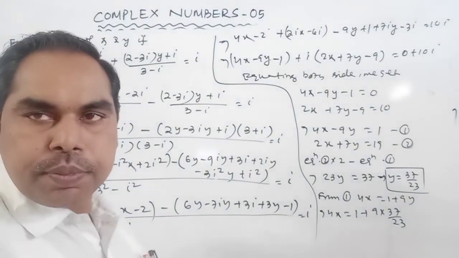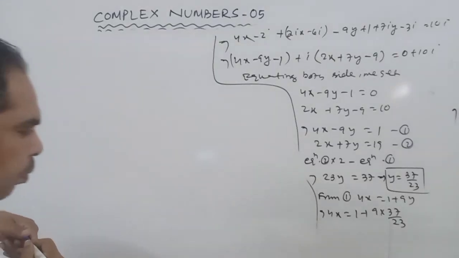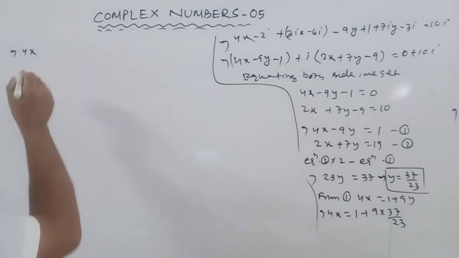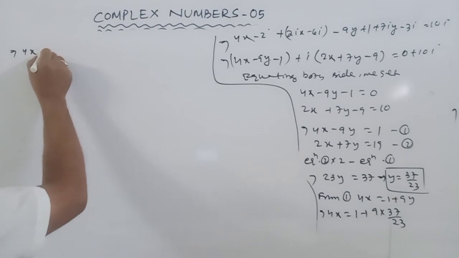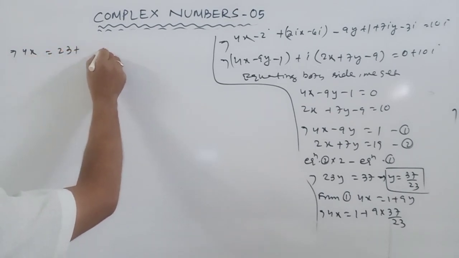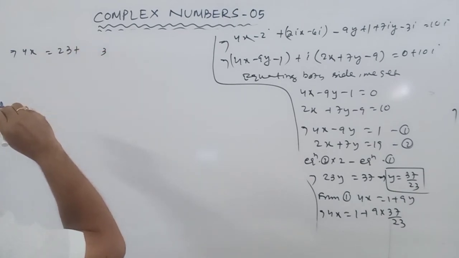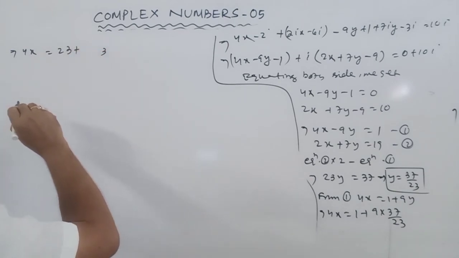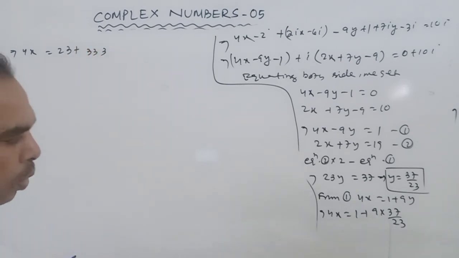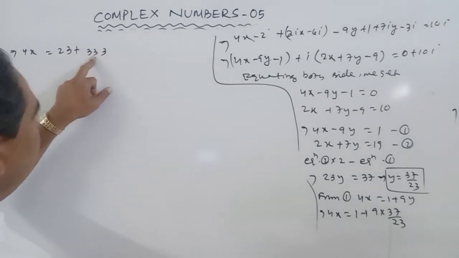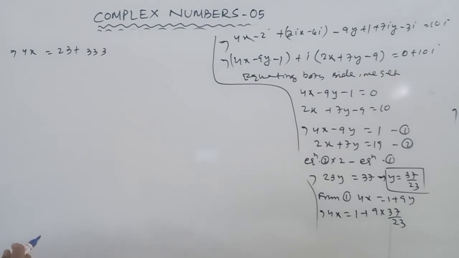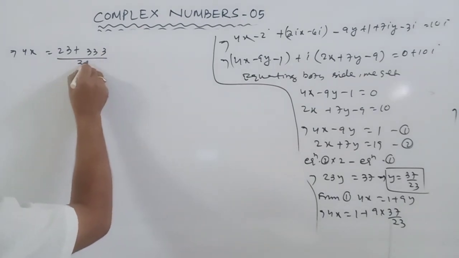Which implies 4x is equal to (23 plus 9 times 37) divided by 23, 9 times 7 is 63, 9 times 3 is 27, plus 6, 333, so that is 356 divided by 23.